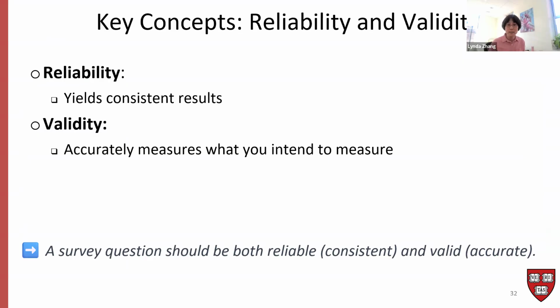So that's reliability. Validity refers to whether your survey question actually measures what you intend to measure. A valid question would accurately capture the concept you're trying to assess. Therefore, a survey question should be both reliable, which is consistent meaning to everyone, and valid, which means accurately capturing what you're trying to ask.